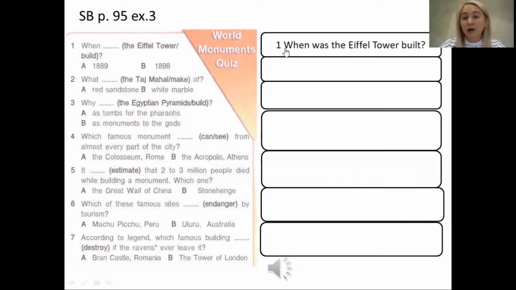So, when was the Eiffel Tower built? This is the correct answer. So let's do the second one. What is the Taj Mahal made of? Look at the third one.